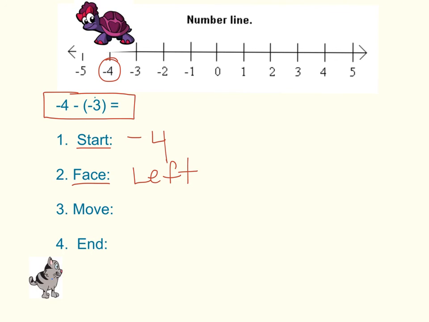Now we need to decide how we're going to move. Well, when we decide how we're going to move, look at the next number after the addition or subtraction sign. And I am going to put a box around that number so we can see it. Okay, so we're looking at this number right after the subtraction sign. That is a negative number. If it's negative, that means we move backwards. And we're going to work backwards that many spaces.